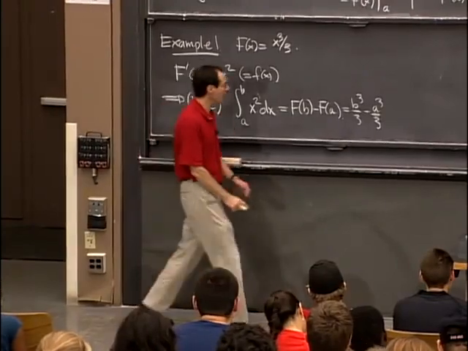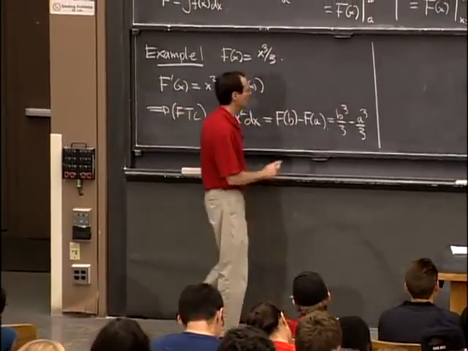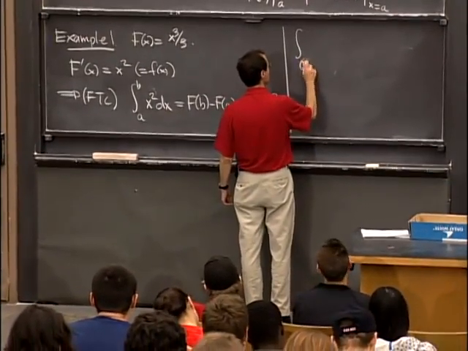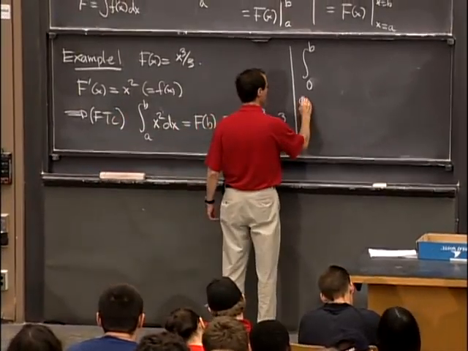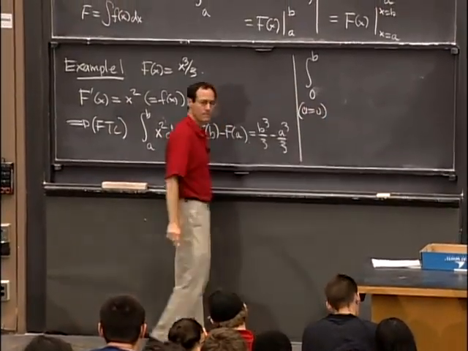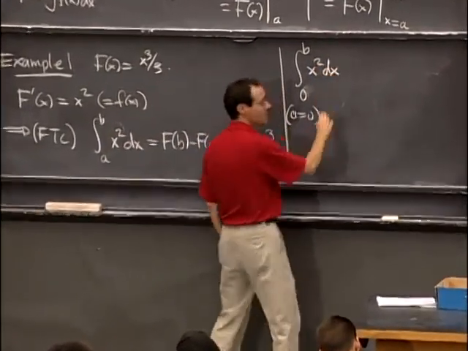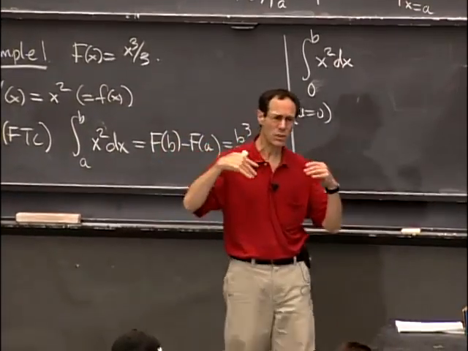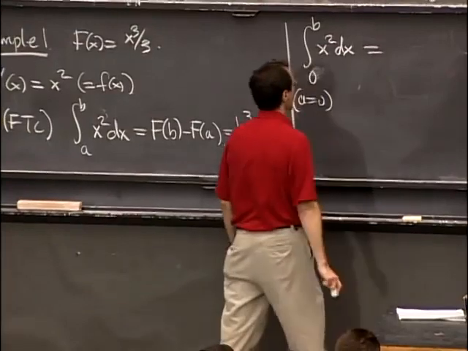Now, in this new notation, we usually don't have all of these letters. All we write is the following. We write the integral from a to b, and I'm going to do the case 0 to b because that was the one that we actually did last time. So I'm going to set a equals 0 here. As I said, we did it very laboriously, but now you can see that we can do it in 10 seconds, let's say.